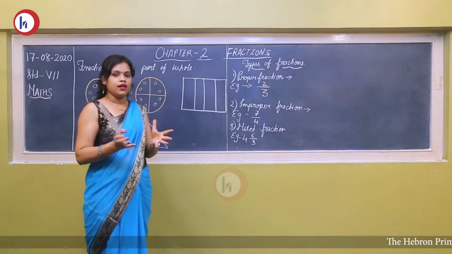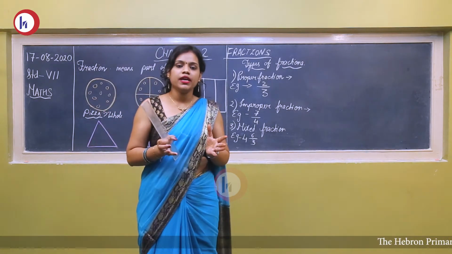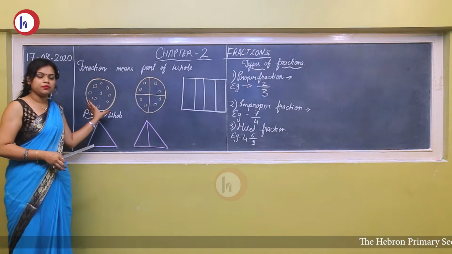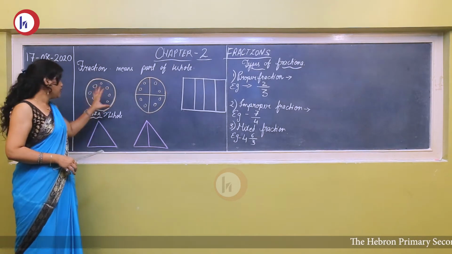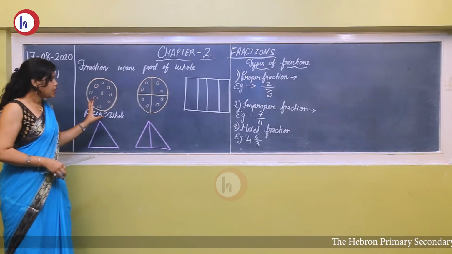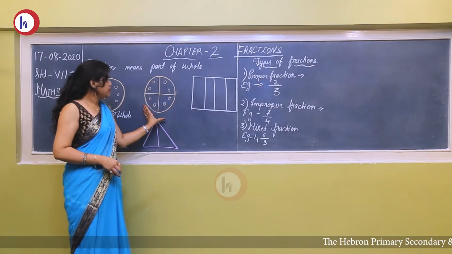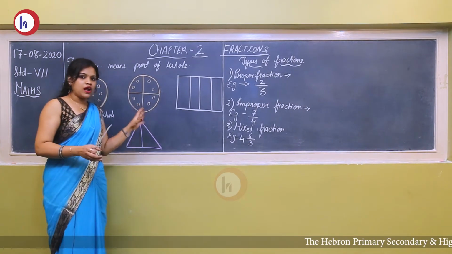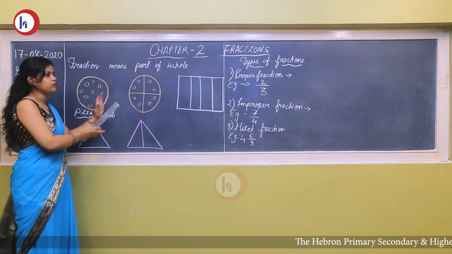Suppose you take the example of a pizza. When your pizza is uncut, that means it is not divided, then it is a whole pizza. Now when you are dividing the pizza into 4 sections, you know you can't eat pizza like this, you have to divide it.